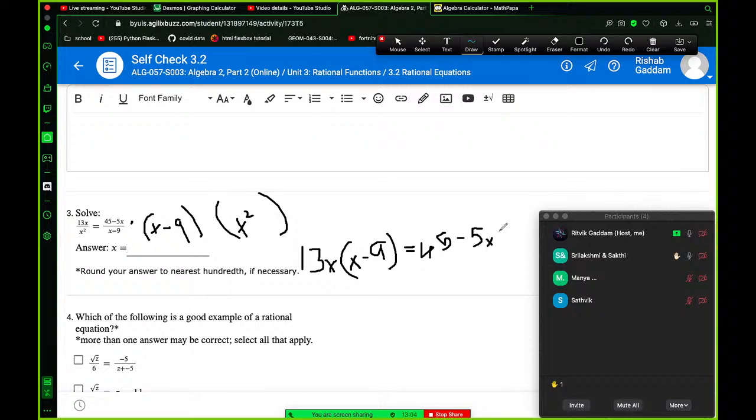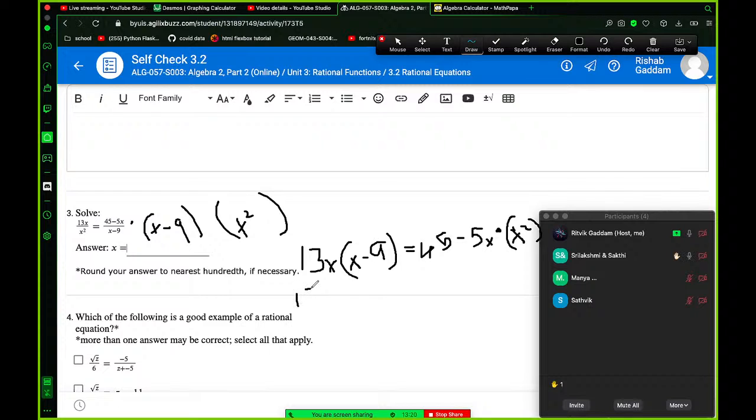So then I would distribute them. So 13x times x would be 13x squared, I believe.